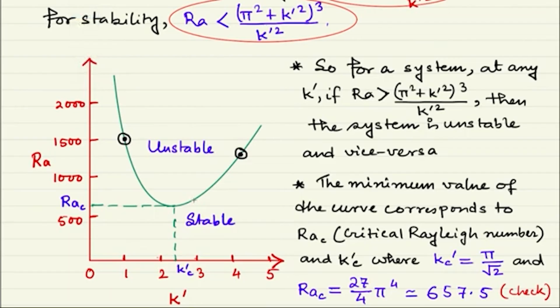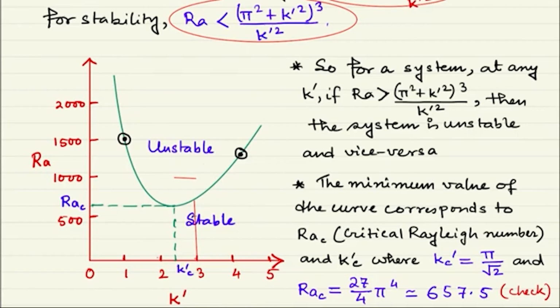Corresponding to 3, this is the point, the marginal Rayleigh number for instability is here. If you have a Rayleigh number greater than this, it should be somewhere here, and it will have an instability. This is the unstable region.